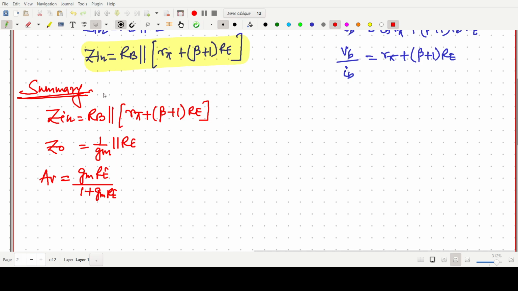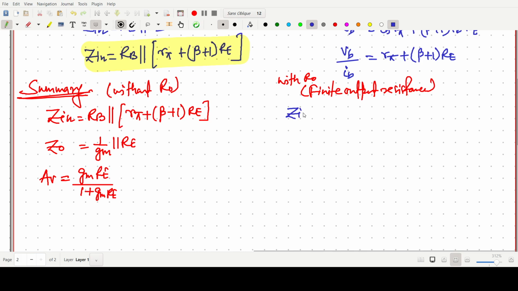This one is without R naught, but with R naught, meaning when we are considering finite output resistance, we have not taken the finite output resistance R naught, but when we consider it, our Z in will be RB parallel with R pi plus beta plus 1 times RE parallel with R naught.